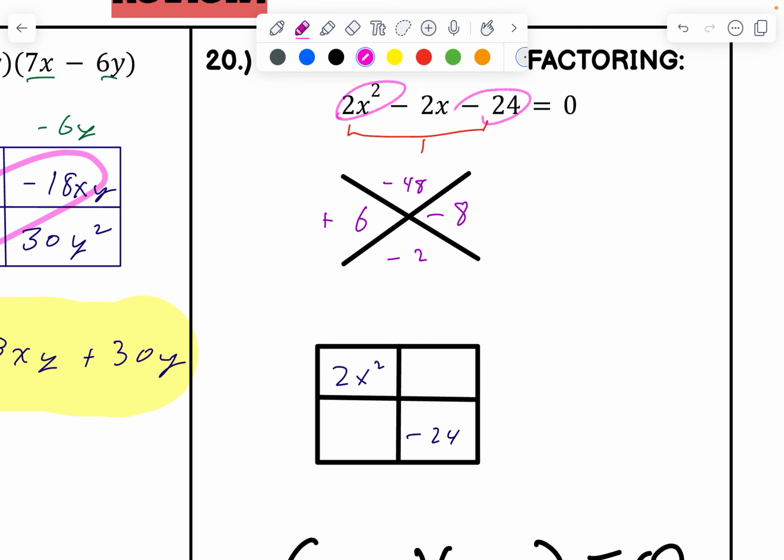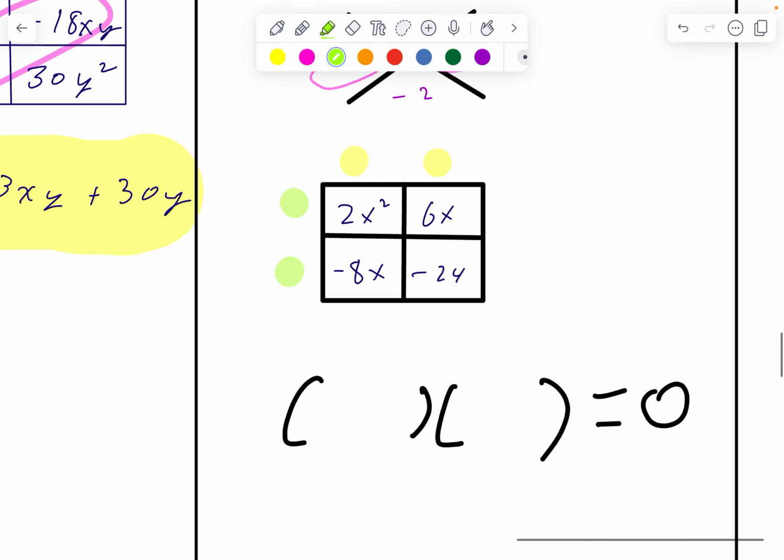The two pieces of your x game, the positive 6 and the negative 8, those are going to go inside the boxes with positive 6x and negative 8x. And our job is to figure out, okay, so then what numbers are going to go here and here, and what numbers go here and here in order to be able to fill in this and this.